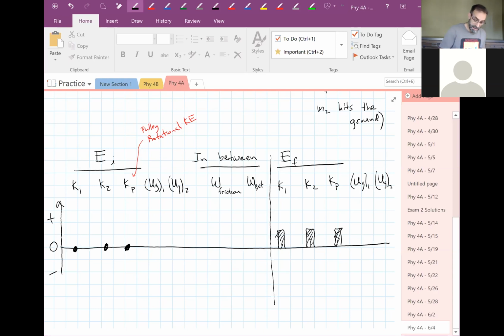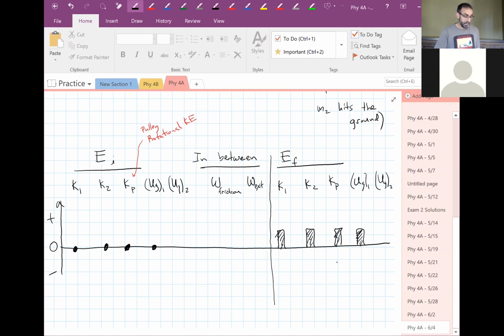I'm going to pick the beginning to be 0. You can pick any point you want to be 0 with gravitational energy. But at the end, you have to have more than what you started with. So if I started at 0, a positive number is more than 0, so it has some positive gravitational potential energy.